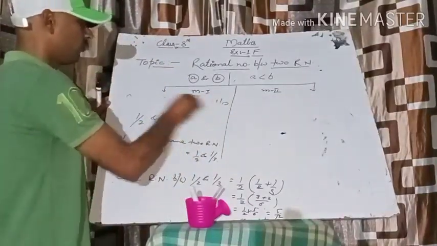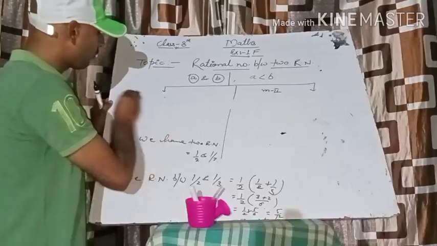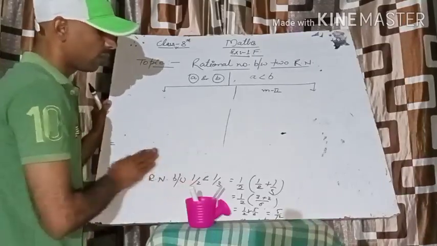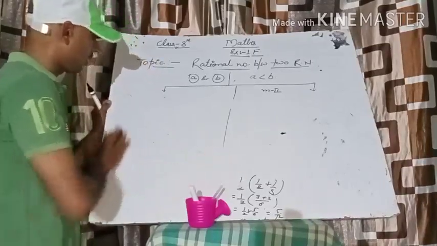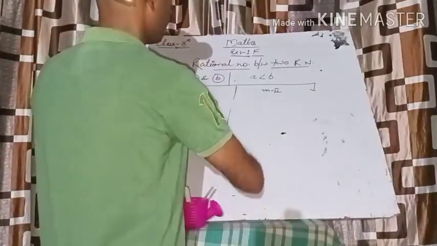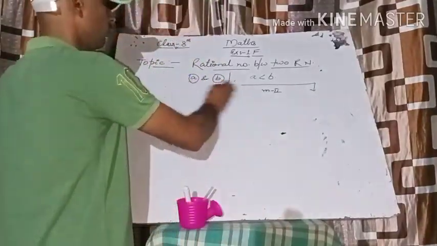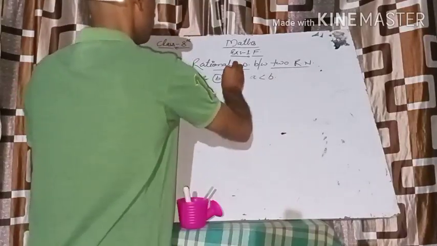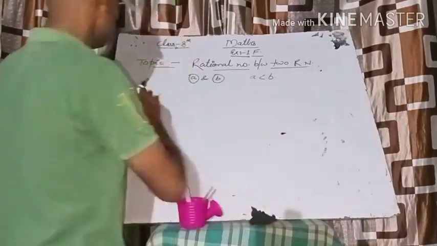This is your method 1. But if you have to calculate more than one rational number between two rational numbers, then you have to apply method 2.